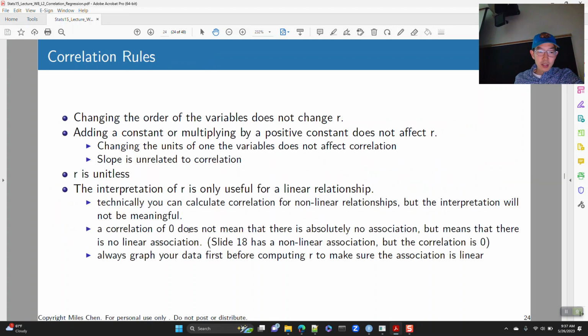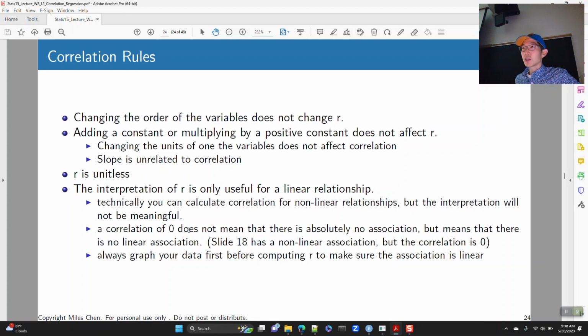A couple things to note about correlation: changing the order of your variables doesn't affect R. So correlation between x and y is the same as the correlation between y and x. Flipping the order around doesn't change it. Changing your unit size will not affect r.